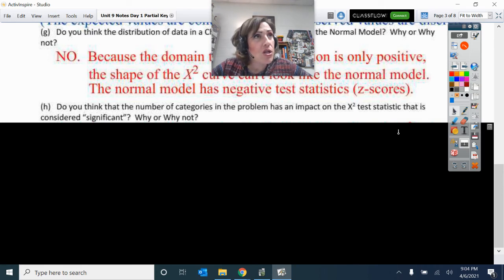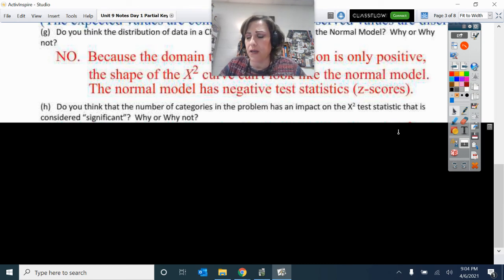So what's happening with the number of categories? I'm thinking to myself, if I have more categories, then I have more discrepancies that I can sum up. So if I have more discrepancies to sum up, then I think my chi-squareds can be bigger.